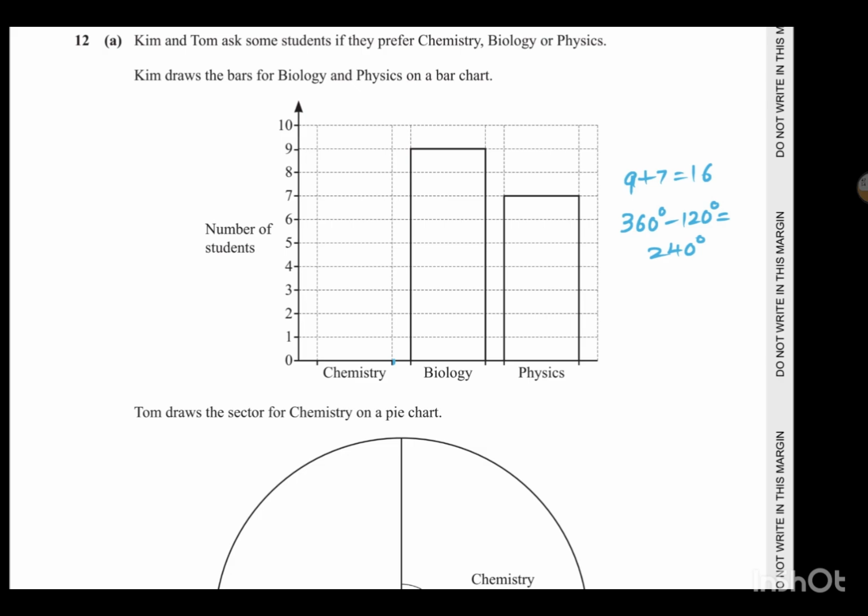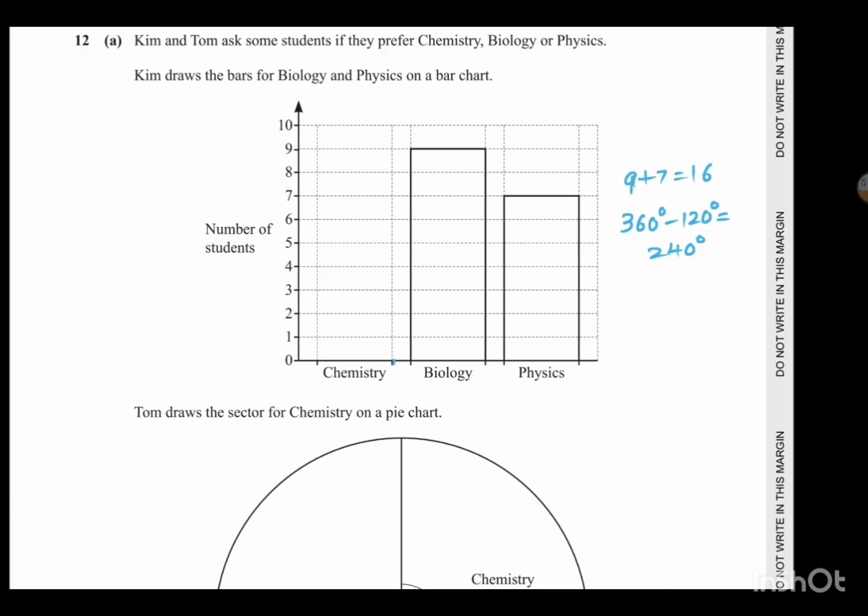So this 16 is representing 240 degrees. So using this 240 degrees and 16, let me find out the total number. So 16 by total, which we don't know, into 360 is 240.